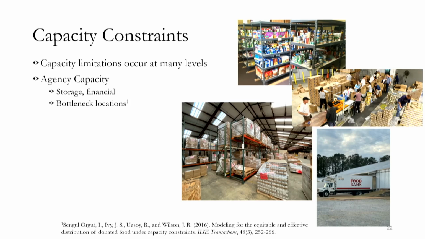In addition, they sometimes have to pay shared maintenance fees to receive food from the food bank, so their finances also affect how much food they can receive. If we want to enforce equity in an area, and there is an area where agencies do not have sufficient capacity to serve their beneficiaries, then we end up with bottleneck locations, which end up constraining the entire network.